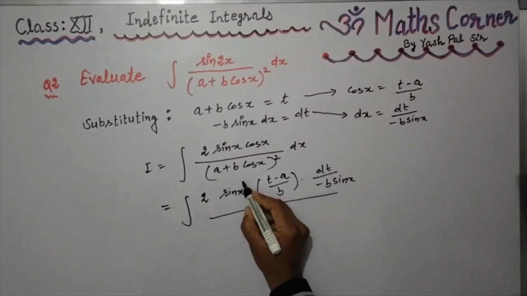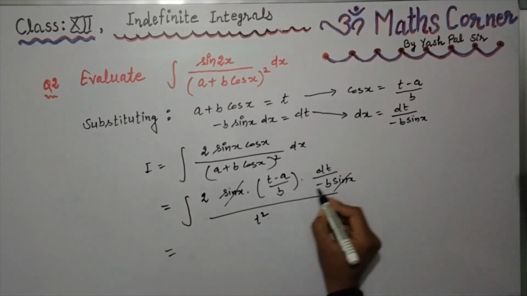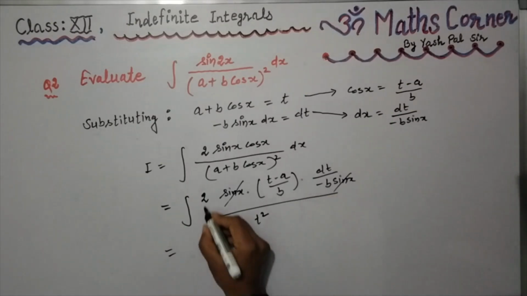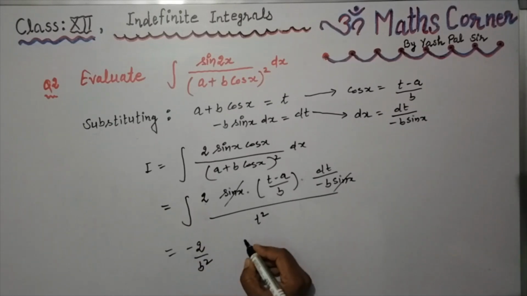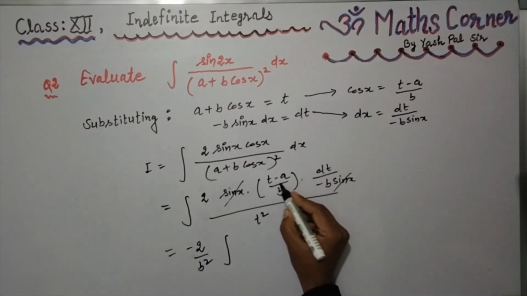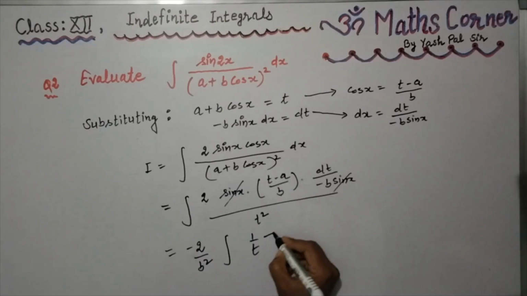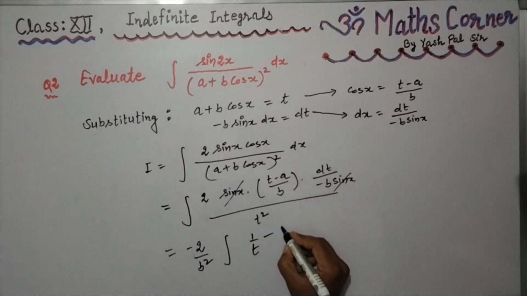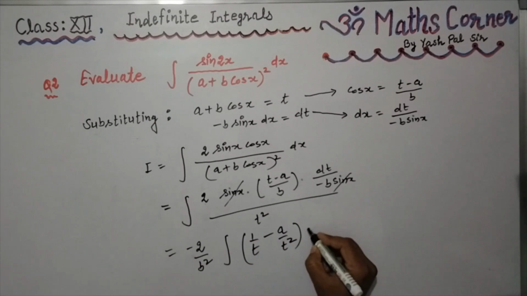Now the next step, sin x cancelled. Minus b into b is b square, so 2 upon b square, minus taken outside, integration of (t - a) upon t square, which is 1 upon t minus a upon t square, into dt.